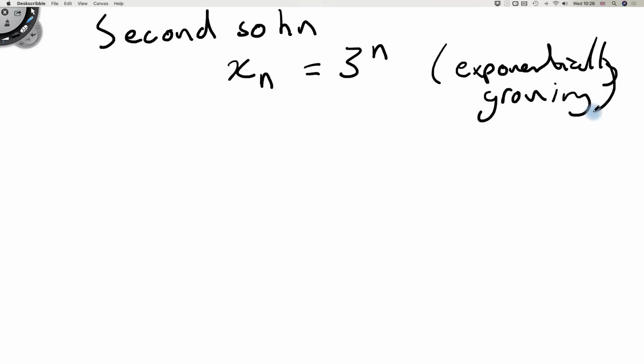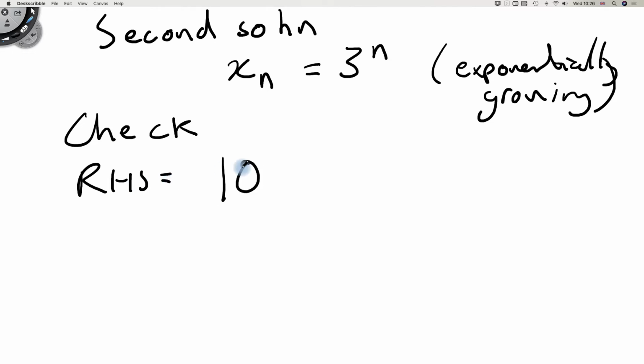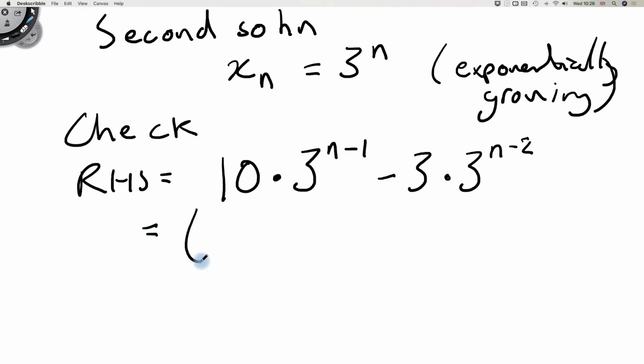Okay. Let's just check again that this works. So we do the right hand side, which equals 10 times 3 to the n minus 1, minus 3 times 3 to the n. And this time we've got a common factor of 3 to the n coming out.